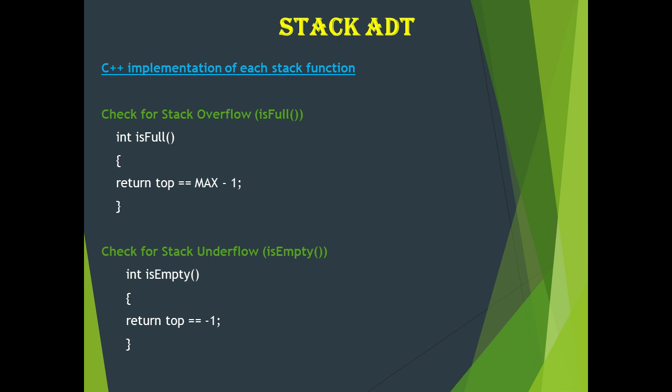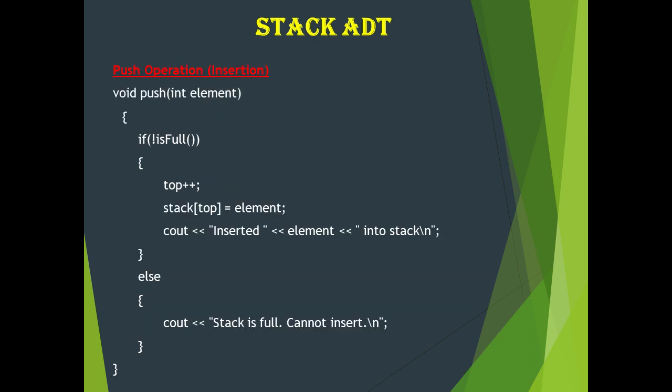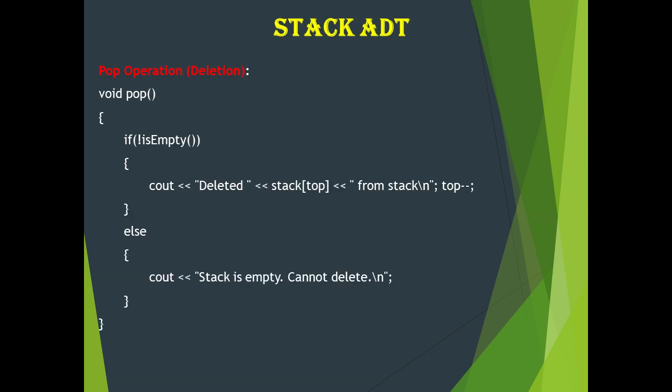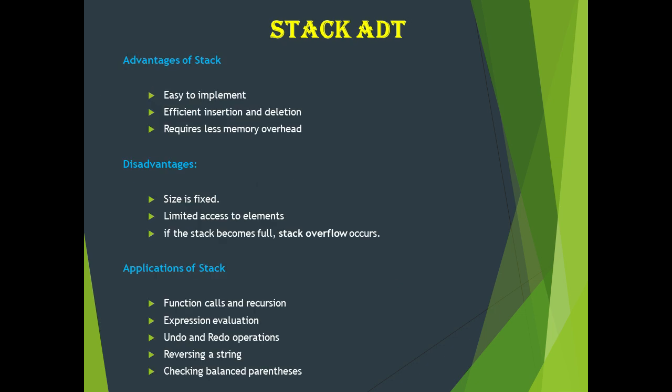If the stack is full, we have to print the error message that the stack is full, or otherwise we can perform the insertion operation by incrementing the value. Similarly, in the case of the pop operation, we have to check whether the stack is empty. If the stack is empty, we cannot perform the delete operation. In that case, we have to print the error message that the stack is empty or stack underflow, or otherwise we can perform the delete operation. Delete in the sense that the element which is present at the top will be deleted or removed first.